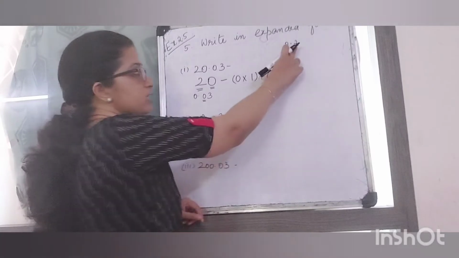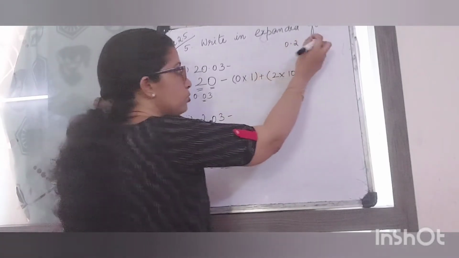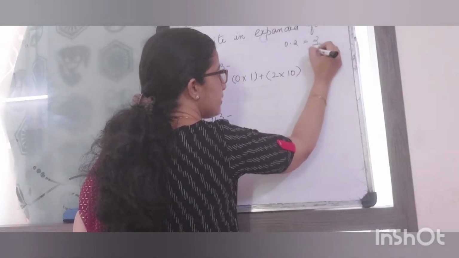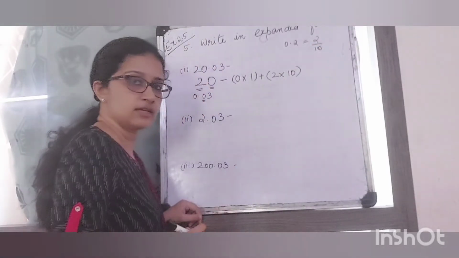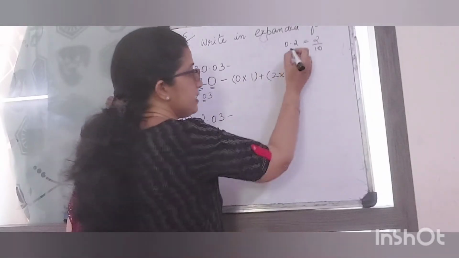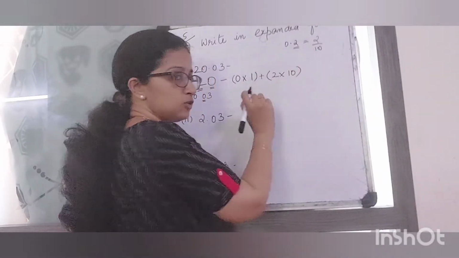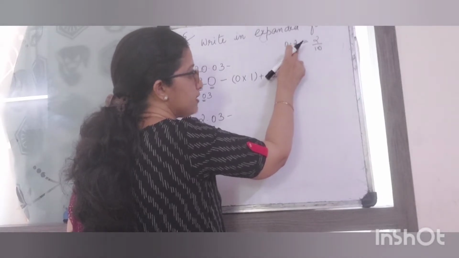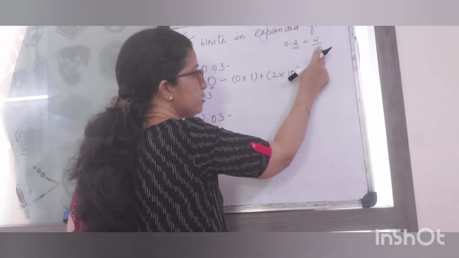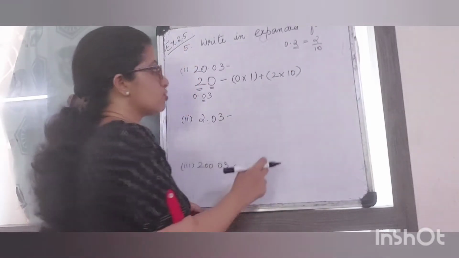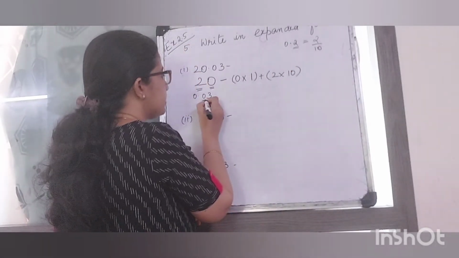This can be written as 2 by 10, so 2 by 10 is 0.2. That means this is the tenths place. Whatever digit we have in this place, we have to divide it by 10 to get the decimal number.